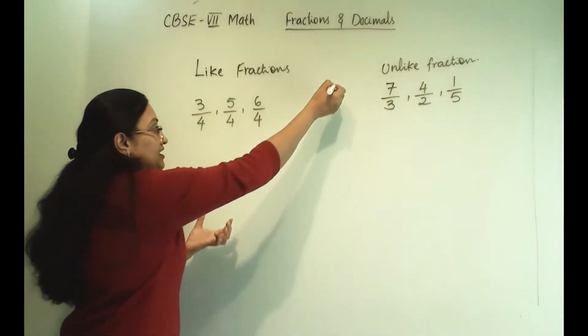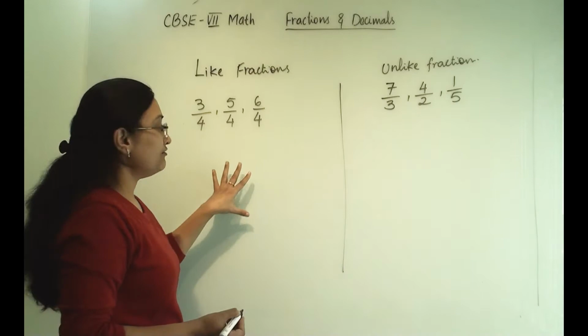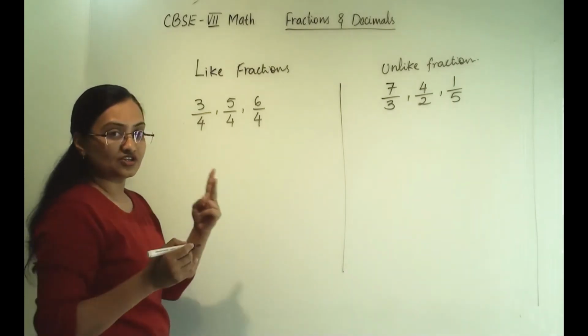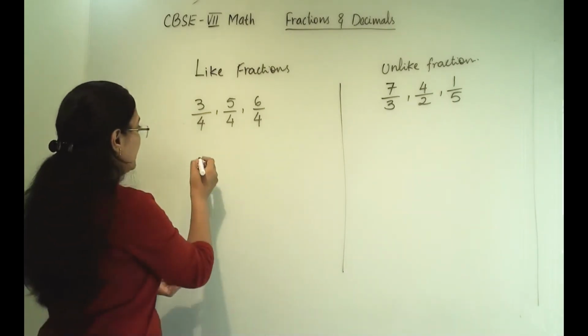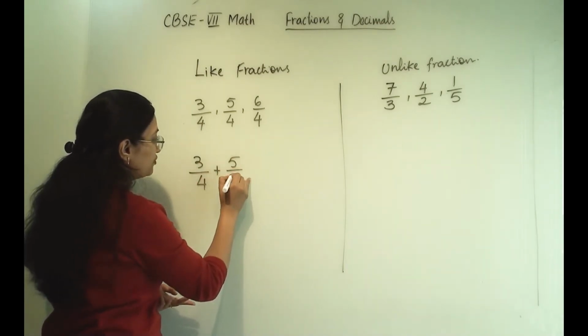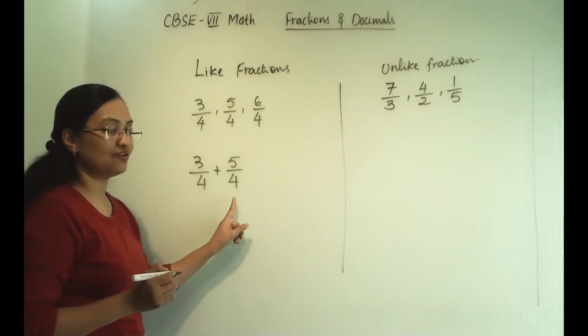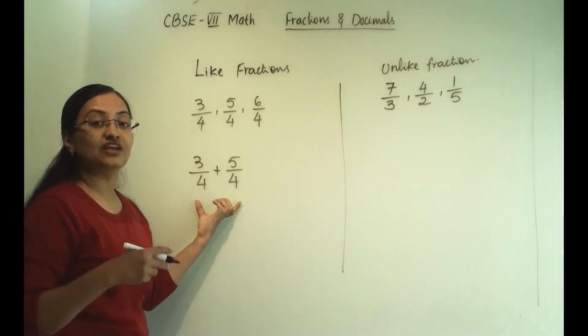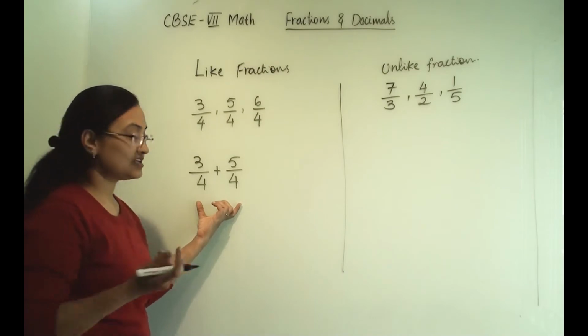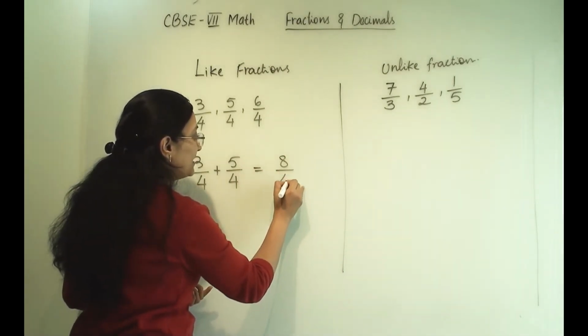If the denominator is not the same, then it is going to be unlike fraction. Now what is the basic difference between these two? If any two fractions have been given to you like this, 3/4 plus 5/4, then you can do addition only if they are like fractions. Only if their denominators are the same, then only it is possible for you to do addition.